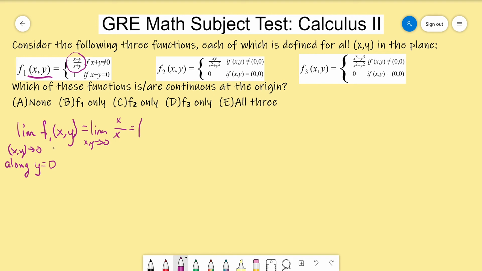So that might work, but that's not sufficient to say that the limit actually is 1.